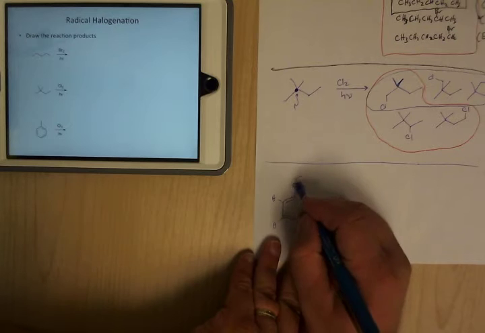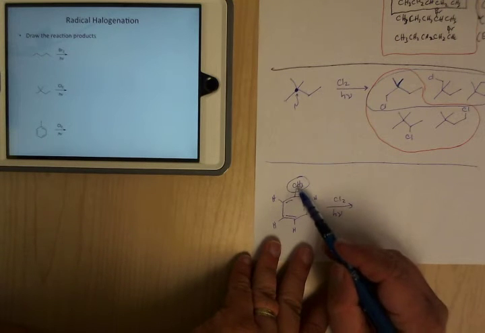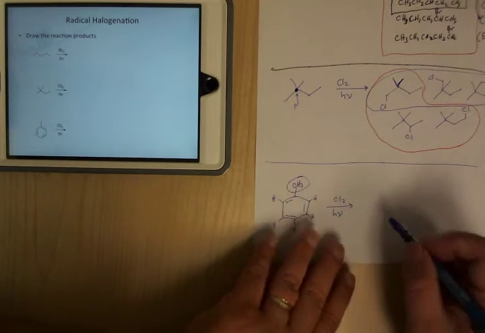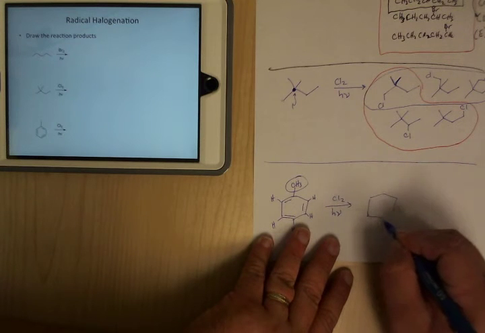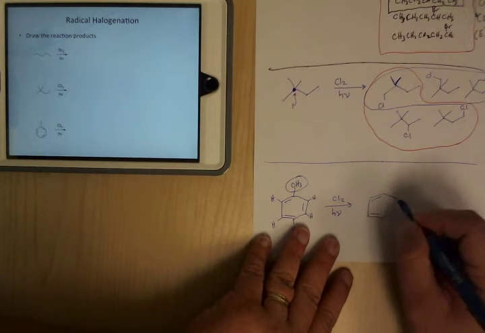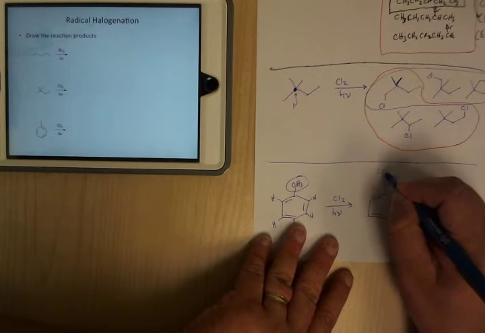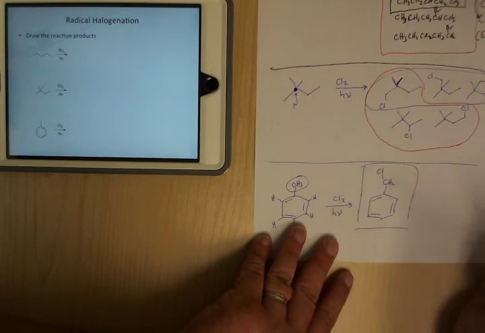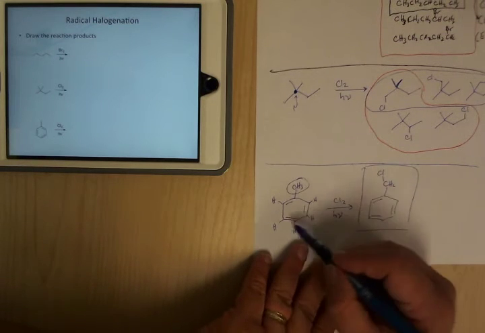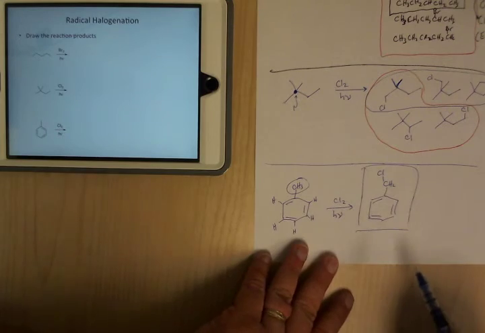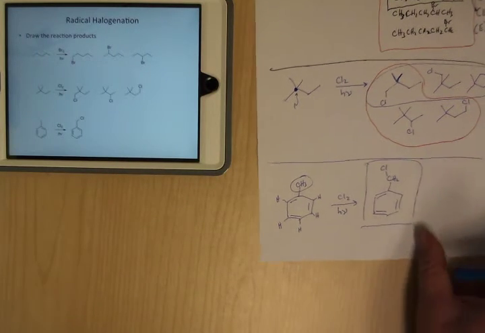This is the only one that only has a single bond attached and has carbons on it. So really, the only product you can make is this. You're not going to be able to react in any of these, because they're attached to double bonds. But that's your product.